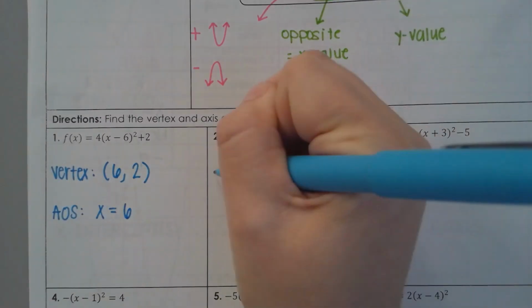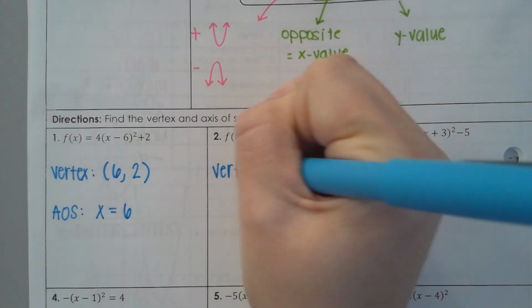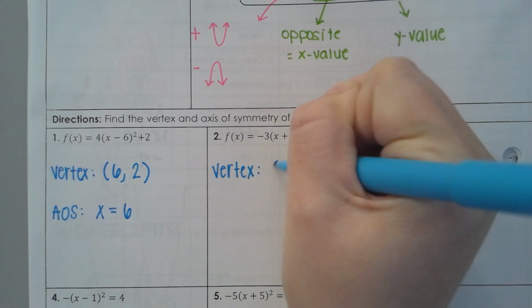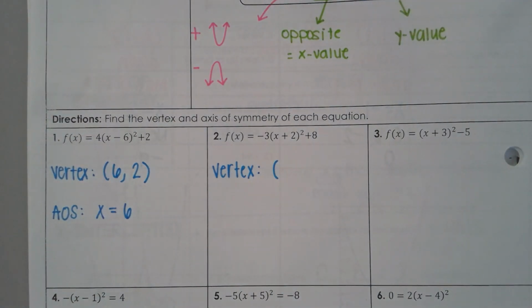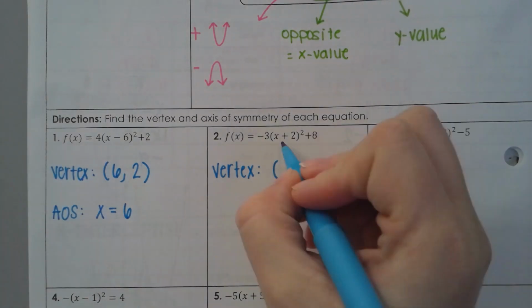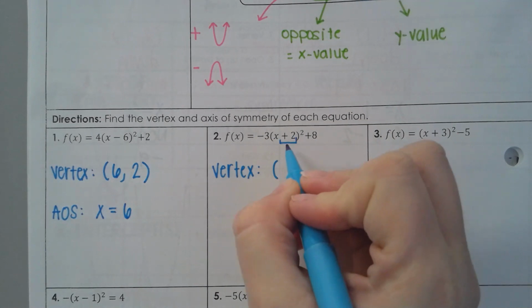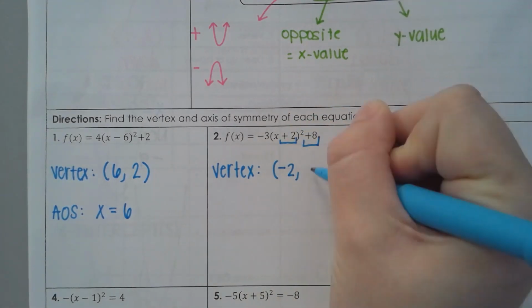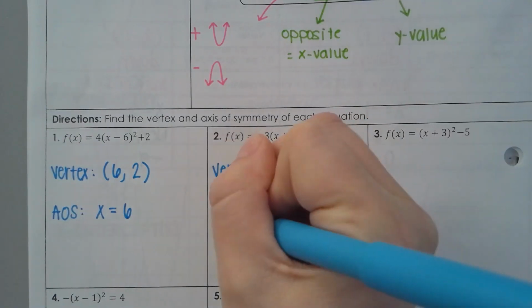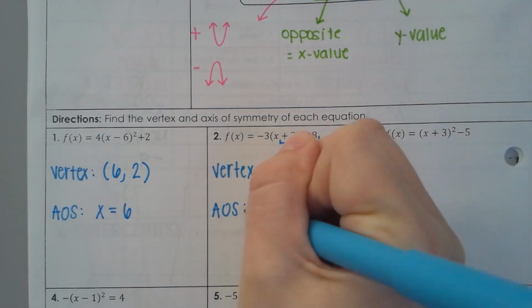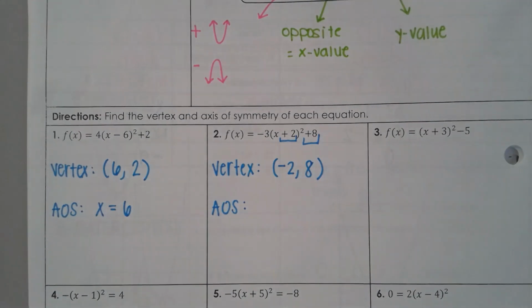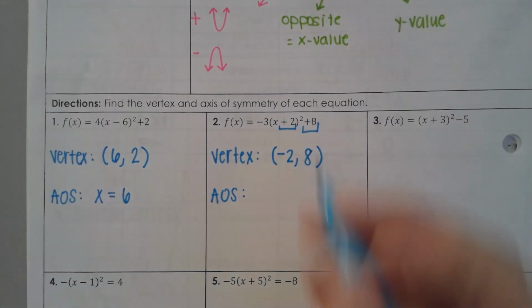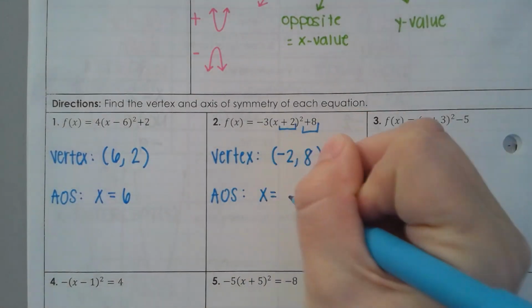Number 2, my vertex is what? Negative 2, 8. So you flip the sign of what's in the parentheses. Negative 2, 8. And my axis of symmetry is x equals negative 2.